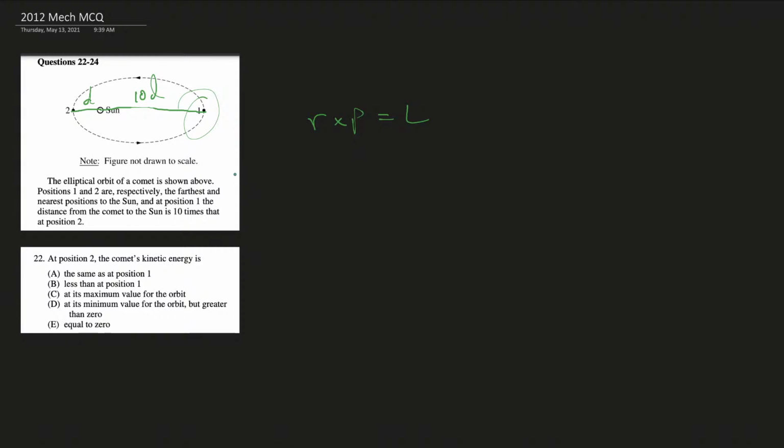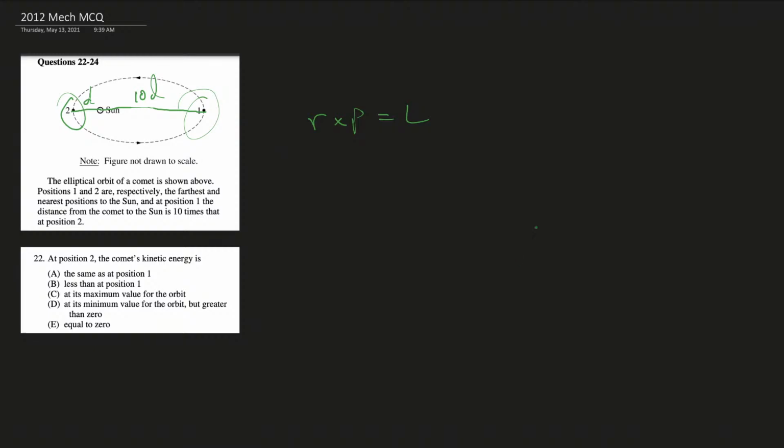I mean, that's pretty obvious. And at 2, the radius is smallest because they tell us that. We know also that the angular momentum has to be conserved because there are no net external forces acting, or no net external torques acting on the system.